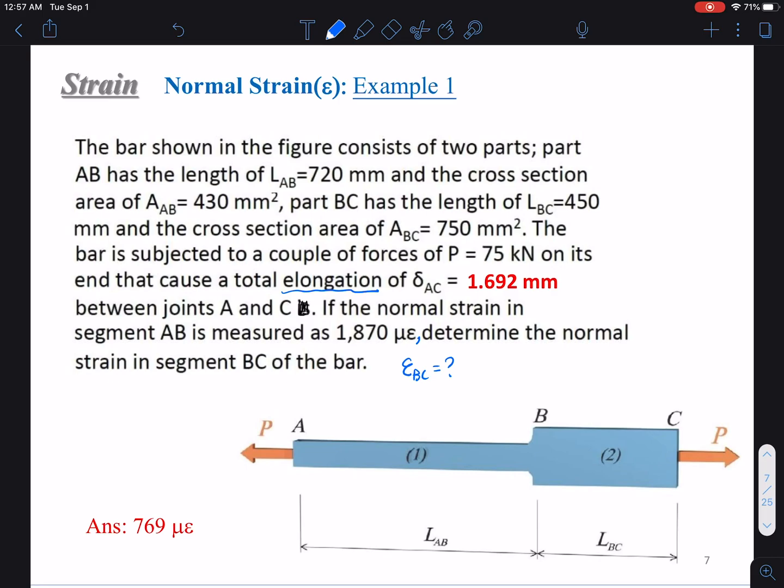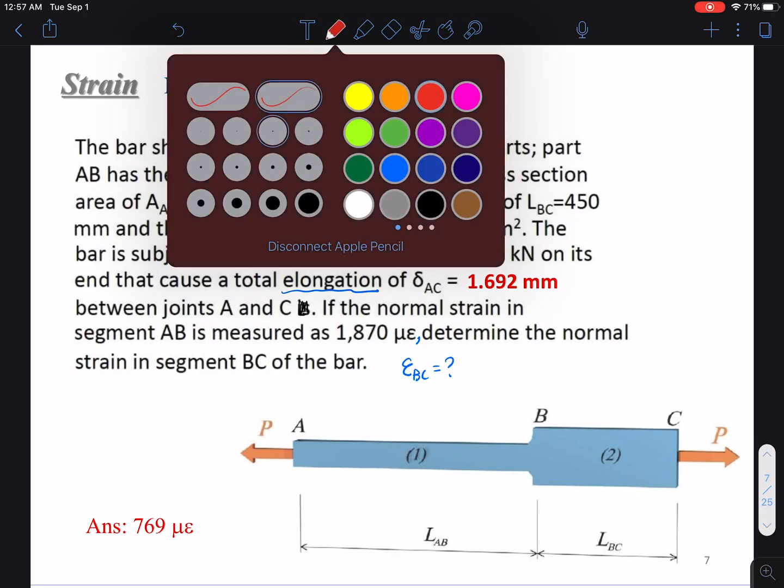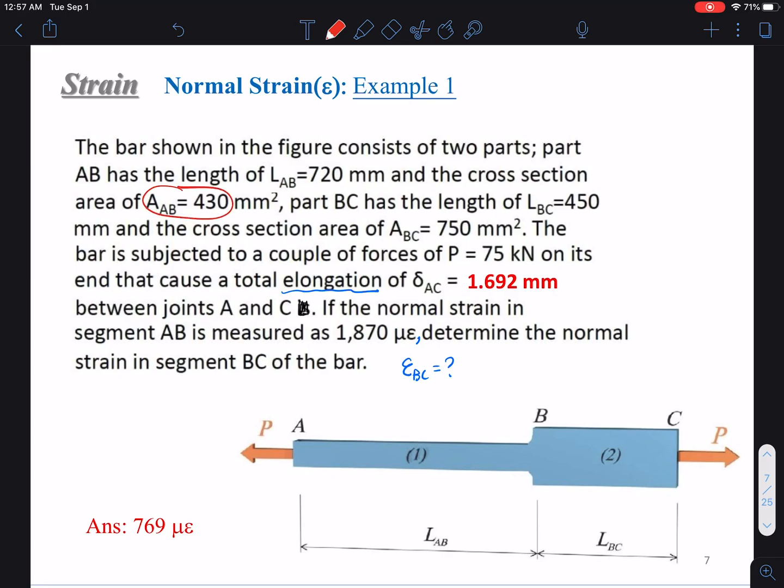quantitatively. Here in this example, we provided a lot of useless information as confusion. You can see that we provided the cross-section areas of AB and BC, area of AB and area of BC. We also provided a force, P. So when do we need this data?